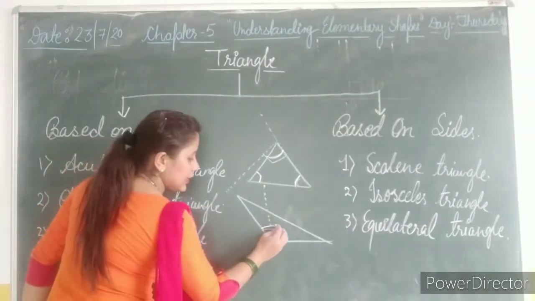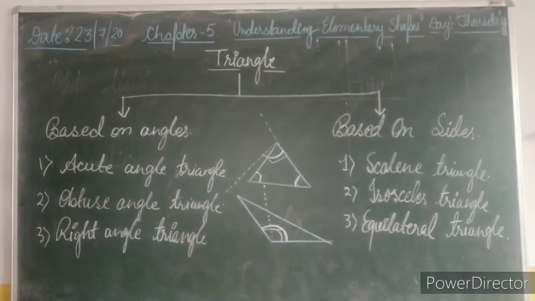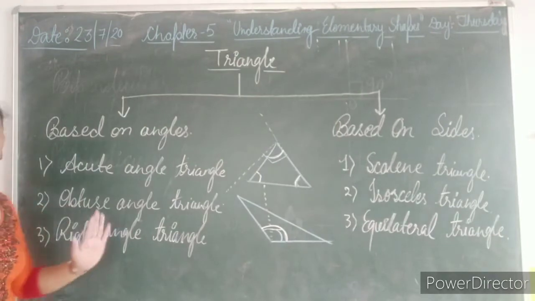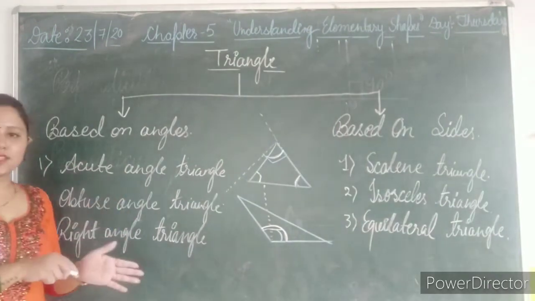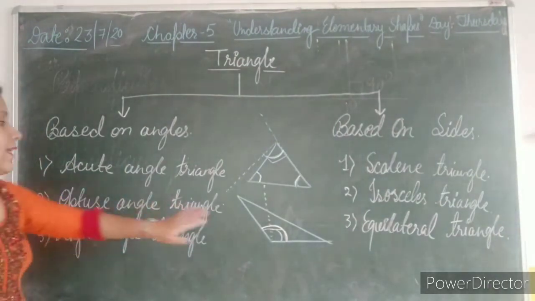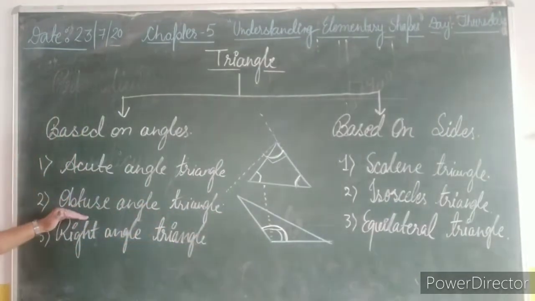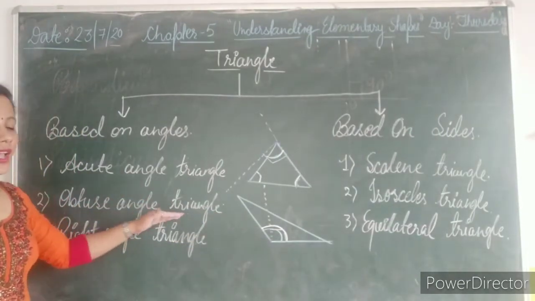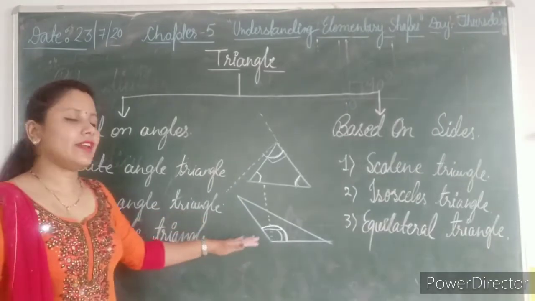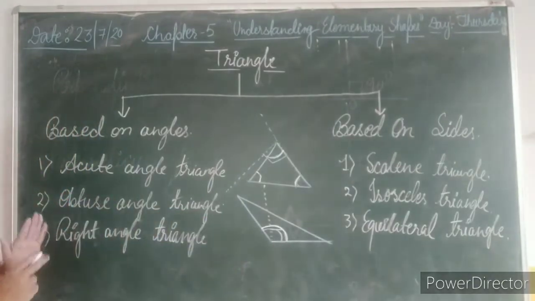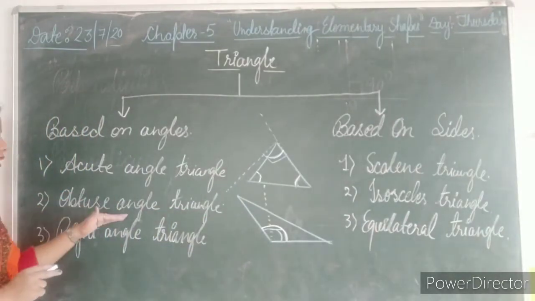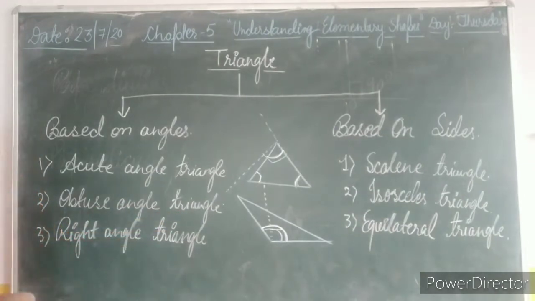So obviously this angle is greater than 90 degree. So obtuse angle means greater than 90 degree and less than 180 degree. So similarly, this is an obtuse angle triangle. Okay, so a triangle where an angle is greater than 90 degree is called an obtuse angle triangle.